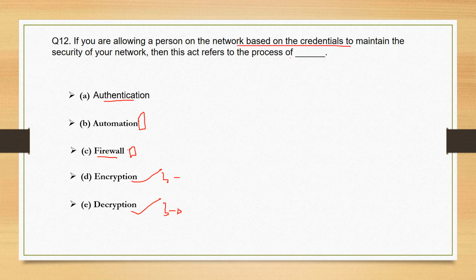During authentication you feed a username and a password to maintain the security of your network. So authentication is the correct answer. Whenever we do a security check based on credentials, we call it authentication. Let's move to the next question.